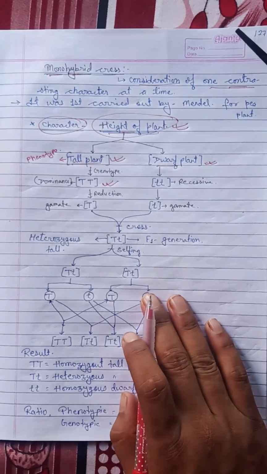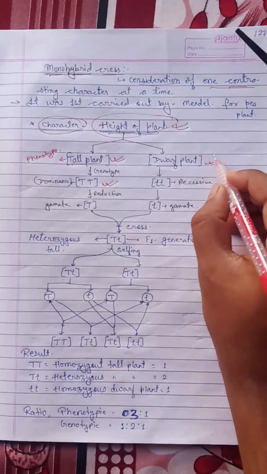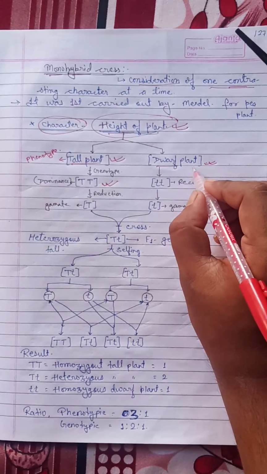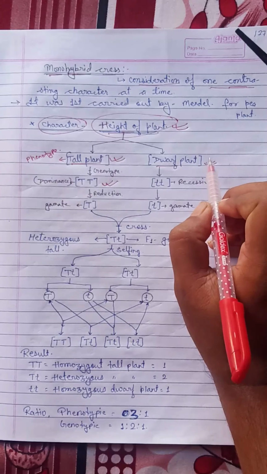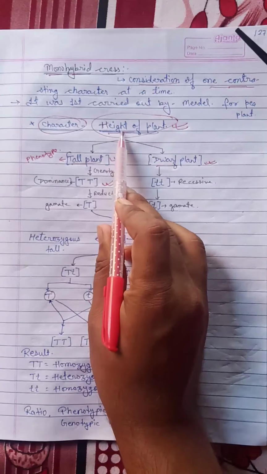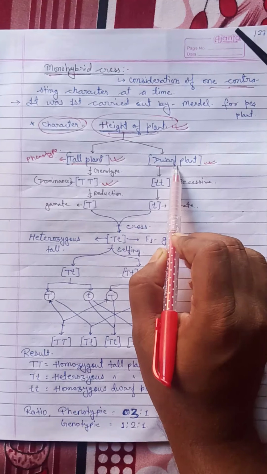Is it or not? Yes, it is phenotype, tallness of plant, and dwarfness of plant is also an external appearance of the plant. So the phenotype of height is one tallness and second dwarfness.